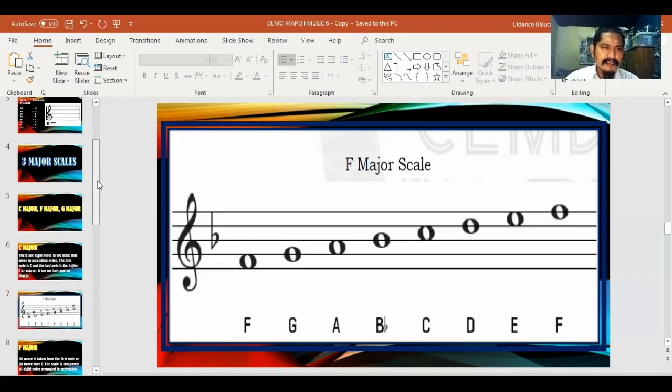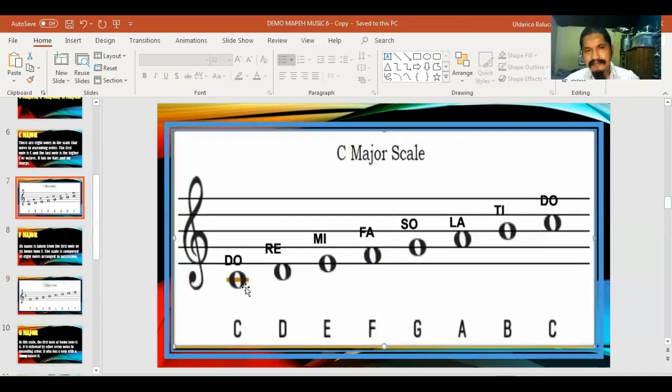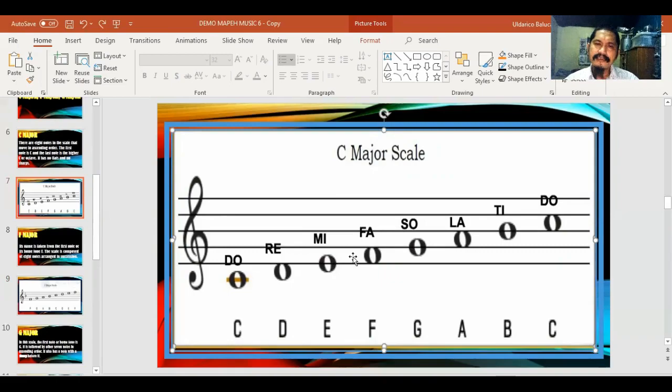Let's take a look again at the C major. Since this is the standard, the F here is located at the first space. Nasa first space siya.